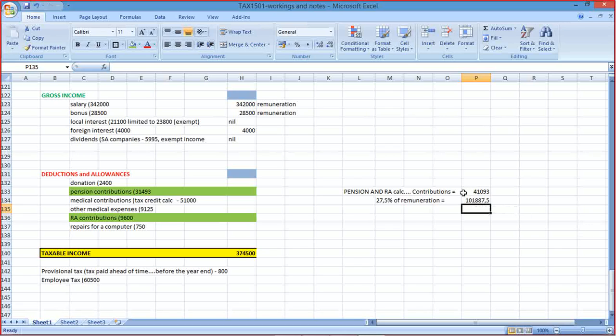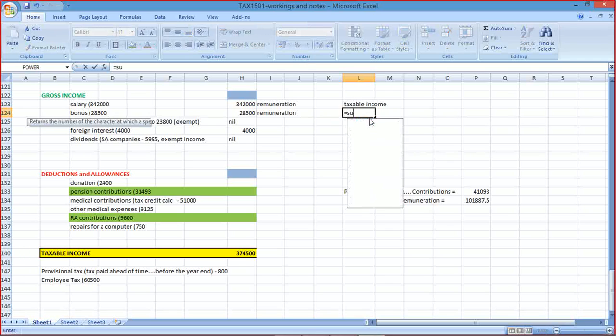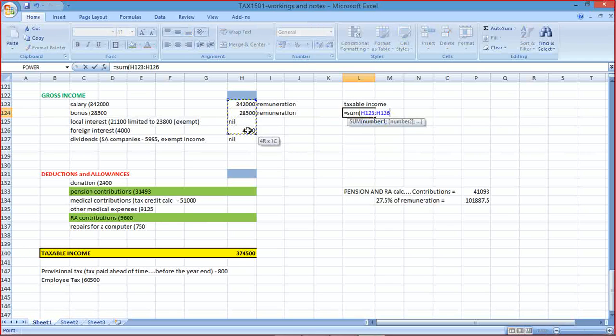Then we've got the taxable income, which is the other part of the calculation. Taxable income would be the sum of all of those amounts, which is 374,500.